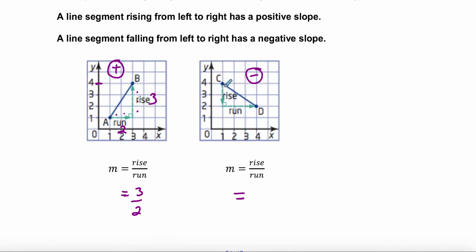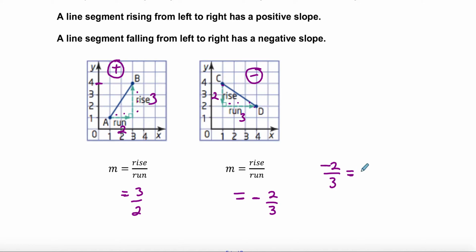This one over here, if I draw from C to D, if I draw a right triangle underneath, the rise is 2 and the run is 3. But we have to notice, and this is going to be hard to remember, when the line is going down, I'm going to have to say the slope is actually negative 2 over 3. And just remember the negative 2 over 3, I can write the negative in the numerator.